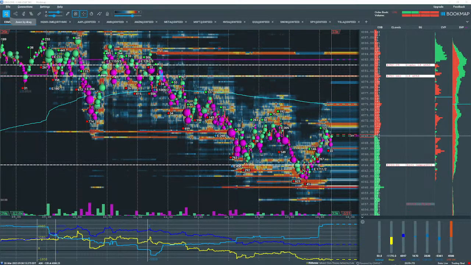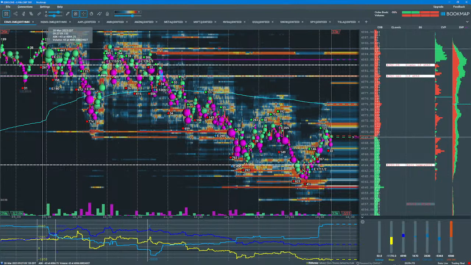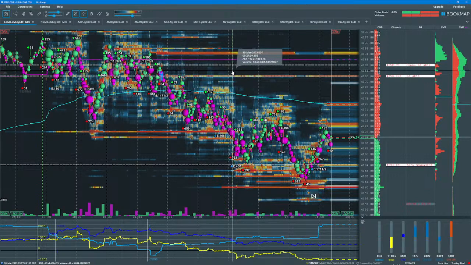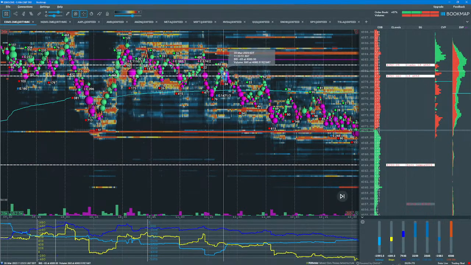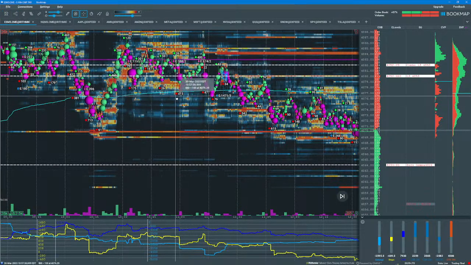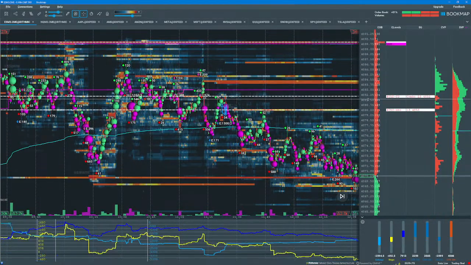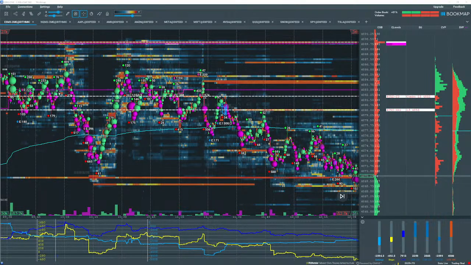I'm going to zoom in from the cash open until about 12:30. So that set up a couple of shorts, and you can see the change in order flow here. Notice the green dots in this area, the reversal, and then the shift to pink dots.